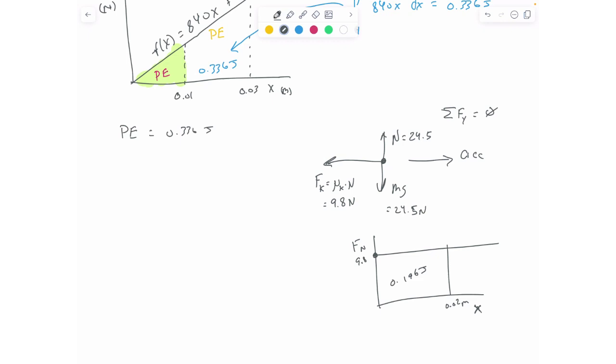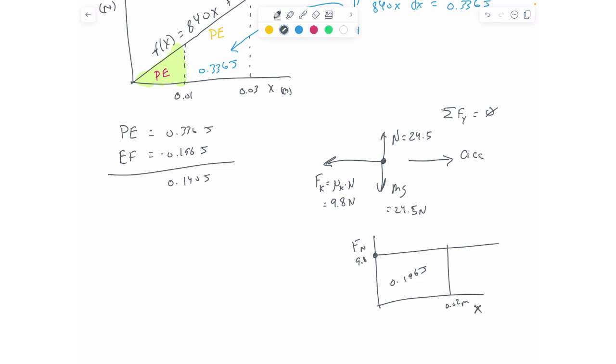Well, first of all, we have to subtract the energy that friction used. We'll call this energy due to friction, EF, and that was 0.196 joules. We subtract that, and if you do that, you'll end up with 0.140 joules.